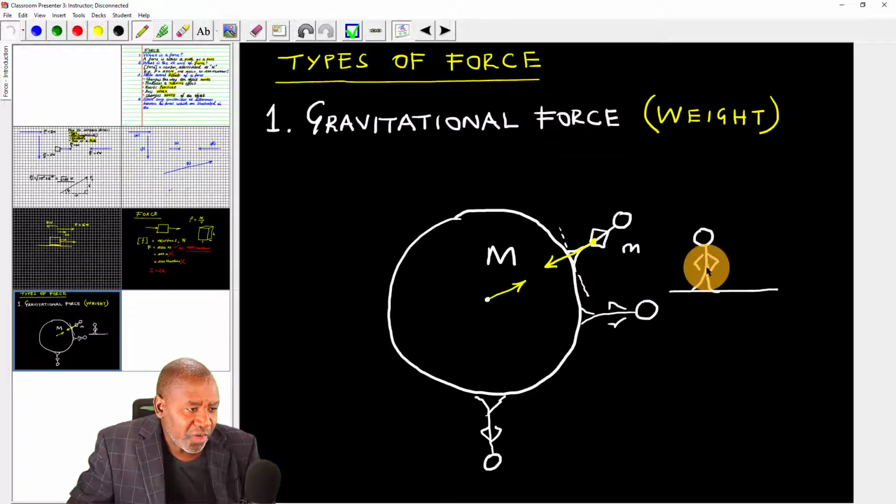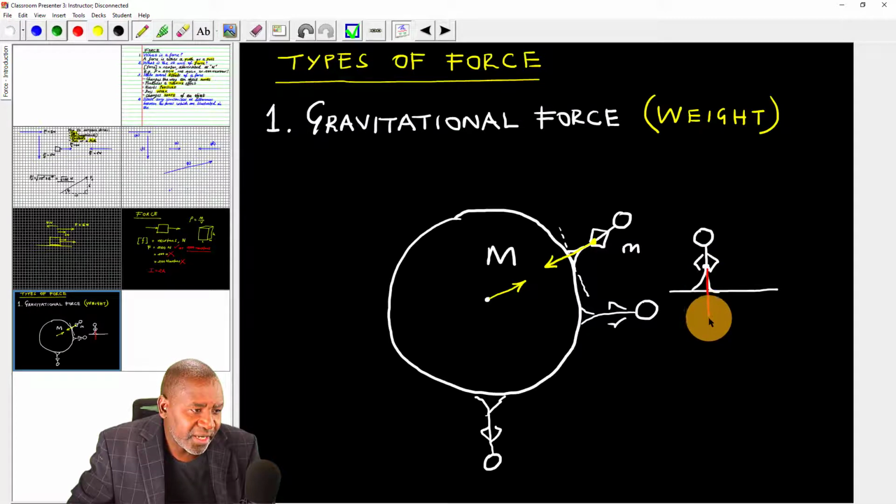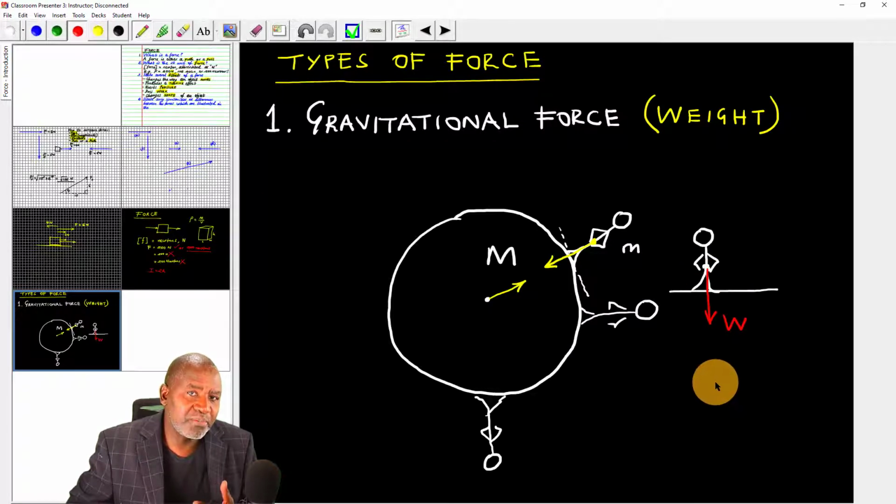So over here, we will talk about the type of force which is acting on you. Let me use a different color. This one will be weight, W in short. And this is the amount of force that the earth exerts on you. And because that one is the most important force, we rarely talk about the amount of force that we are exerting on the earth towards ourselves, and that is the amount of force that we will be talking about.